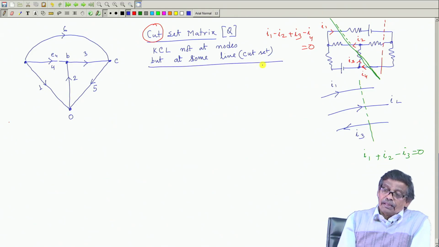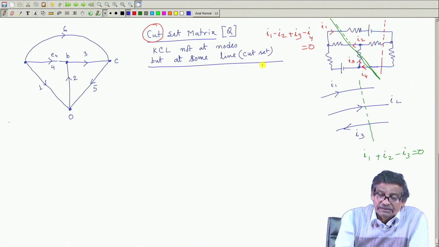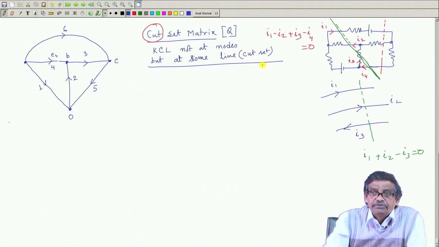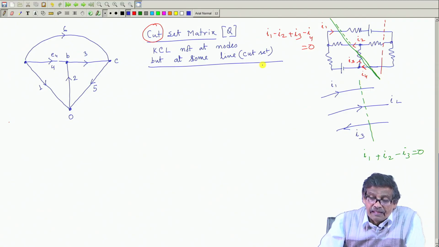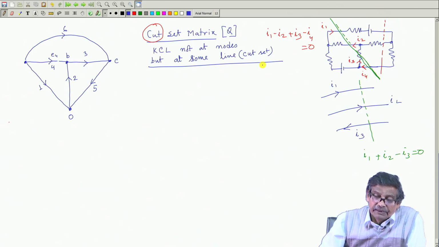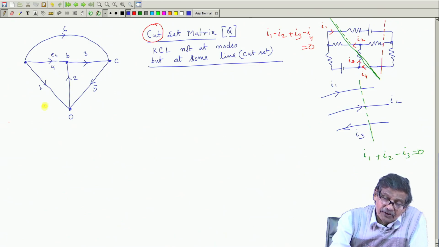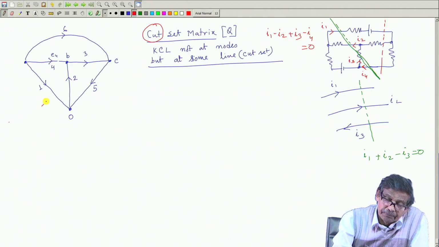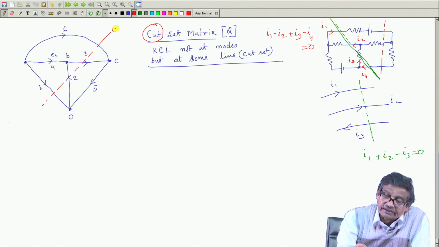For example, in this network, this is the network, its graph is like this. If somebody divides the network in this way, draws a line, this is called a Cutset.